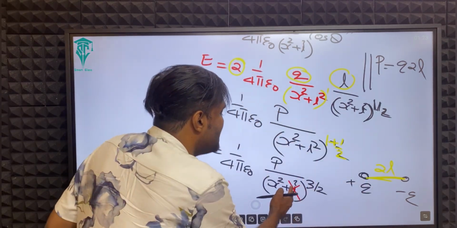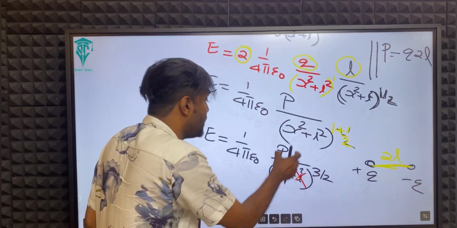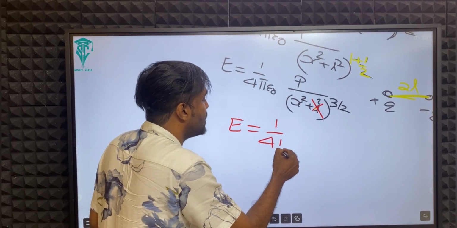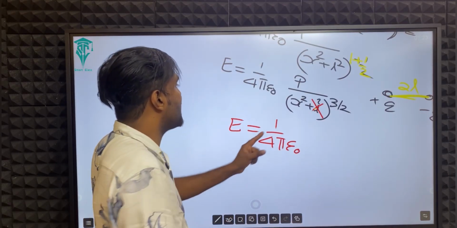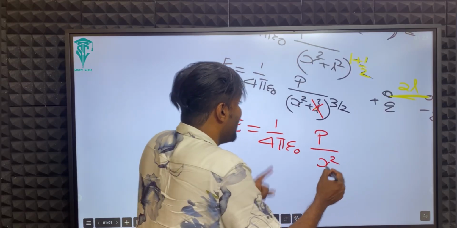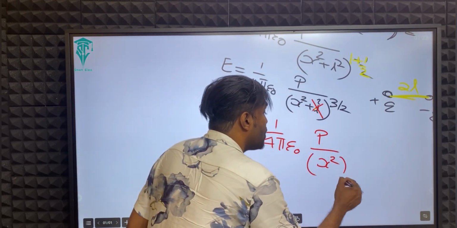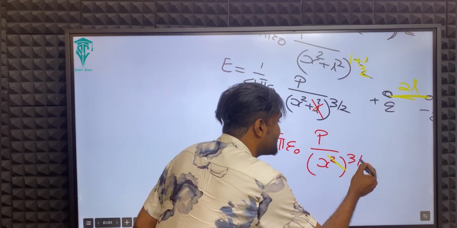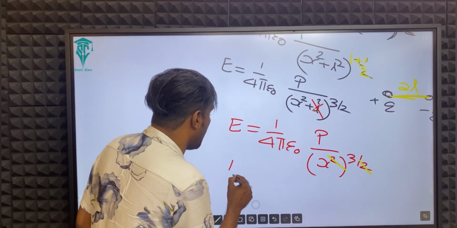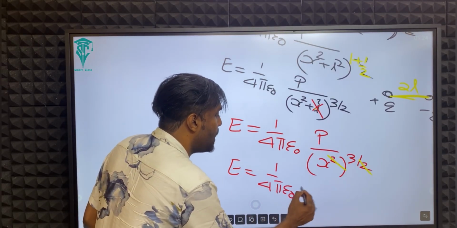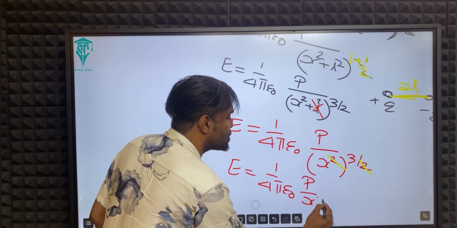That's why you neglect L square. What will be remaining? Electric field intensity equal to 1 by 4 pi epsilon 0 P divided by x square the whole raised to 3 by 2, and cancelling these, what remains is 1 by 4 pi epsilon 0 P divided by x cube.